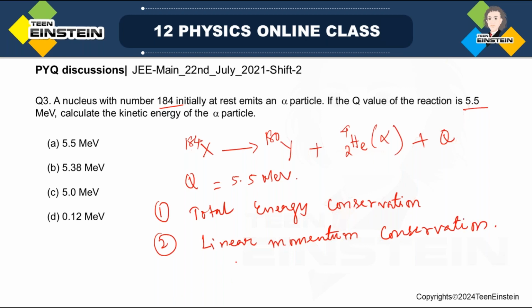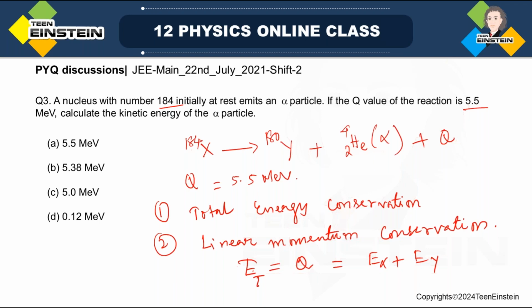First of all, total energy is equal to the Q value here. If I write E total, say E total is the Q value, and that will be the energy of the alpha particle, which is basically the kinetic energy of the alpha particle, plus the energy of the daughter nucleus Y.